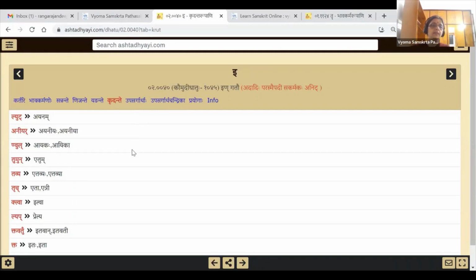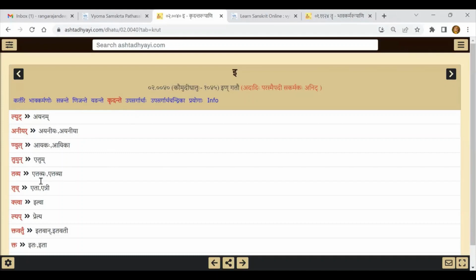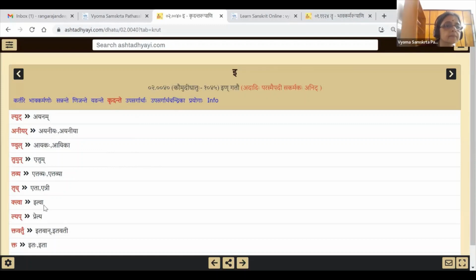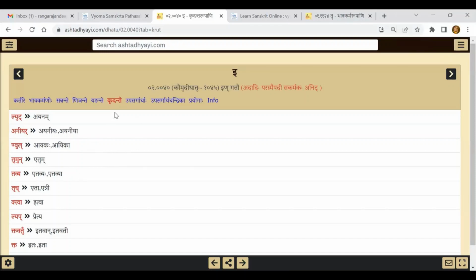The Kta pratyaya is Itaha, Uditaha. And we wanted the Shatra, isn't it? Yes. The Shatra pratyanta is not given. So it will be like it or in, is it?